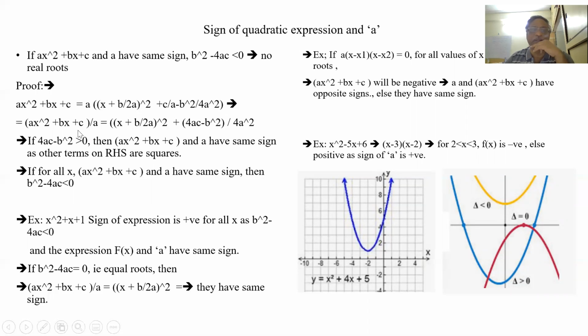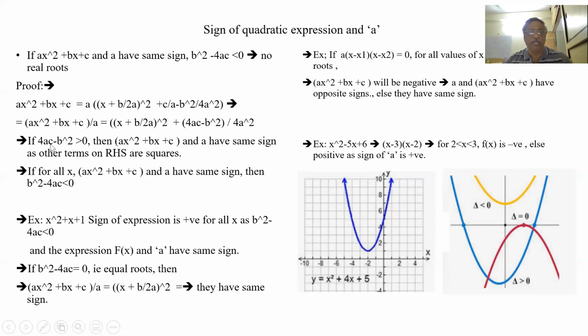Here, this is the a coefficient, this is a square so it is positive, and 4a square is also positive. Only this 4ac minus b square matters. If 4ac minus b square is positive, then both have the same sign. If it is plus, this is also plus. If it is minus, this is also minus.